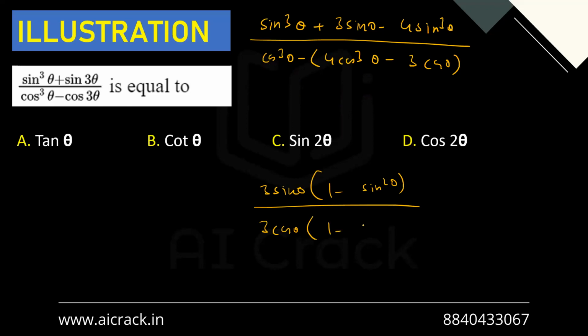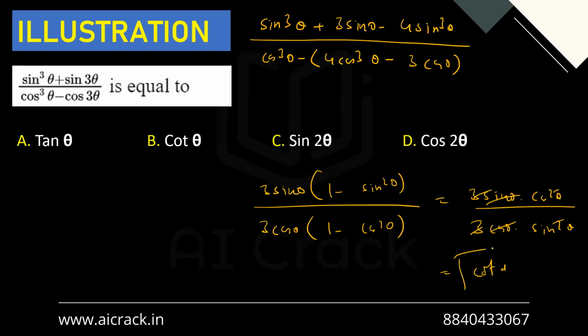So we'll be getting 1 minus cos square theta over here. So this becomes 3 sine theta dot cos square theta divided by 3 cos theta dot sine square theta. This one gets cancelled out, this cancels out, becomes cot theta. So we have B as the correct answer.